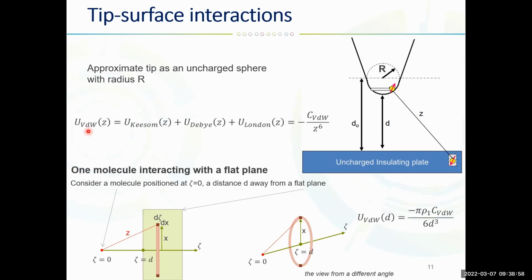To start, I would like us to think about the simplest case you can imagine: one atom or one molecule interacting with a flat plane. The flat plane here is shown as this green rectangle.